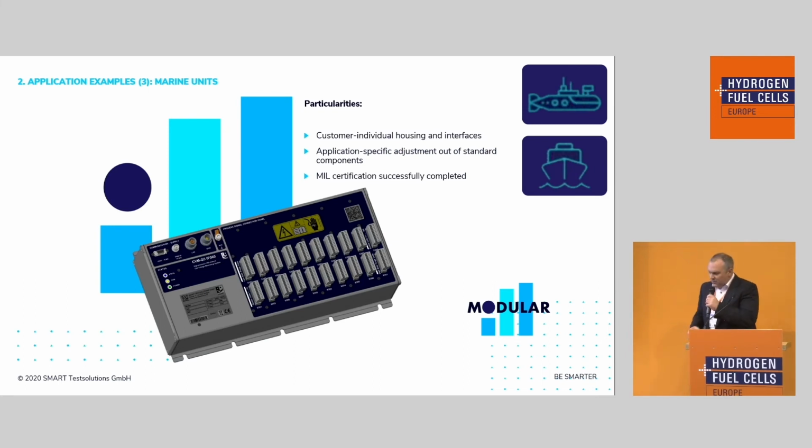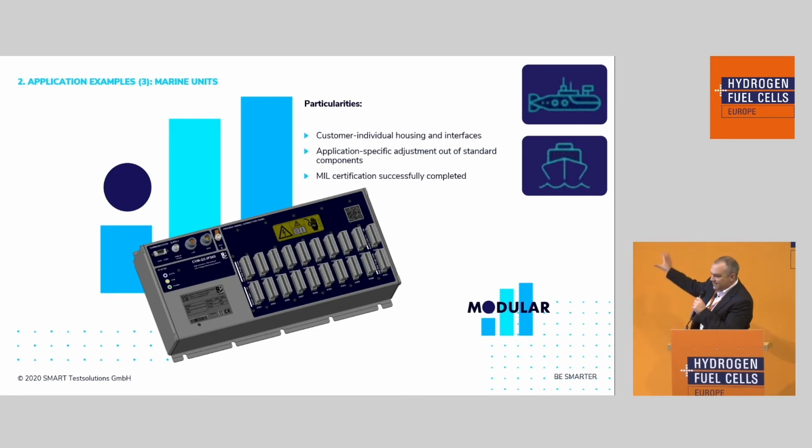So another focus of SMART is military applications such as ships or submarines. Here we have products for years. That was the first serious project in the company history. So since over 15 years we provide such units. Inside this housing there are the standard CVM modules integrated.